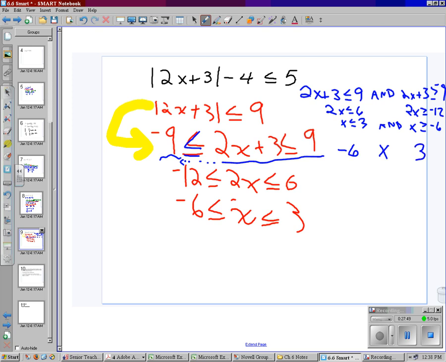The negative 6 and the 3 with your symbols in between. You still have to end up with "and" statements, writing it as a compound "and." So if you are having troubles with what Nick showed us here, and you want to solve each of those "ands" independently and then put your answer together at the end, that's legitimate. Any questions there?